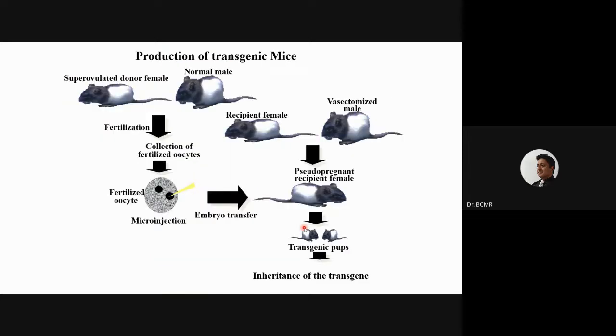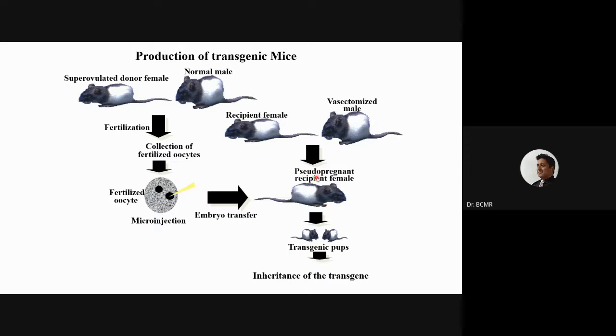And in that, we also learned about how to generate the mouse, right? In that, we take a superovulated donor and a normal male. We take their gametes, and in vitro fertilization would have occurred. And to that, we add DNA directly. This is the microinjection method, the direct DNA injection method. And then we will transfer the manipulated embryo into the pseudo-pregnant female.